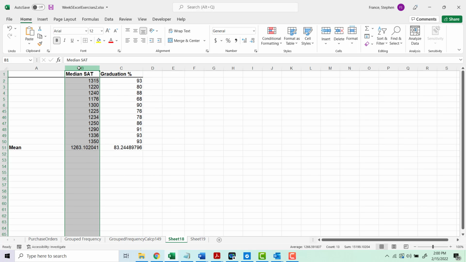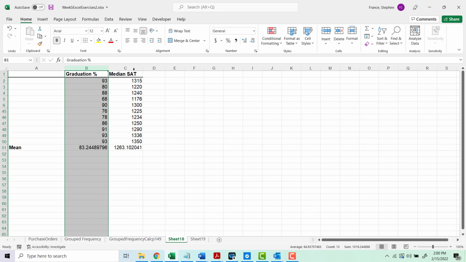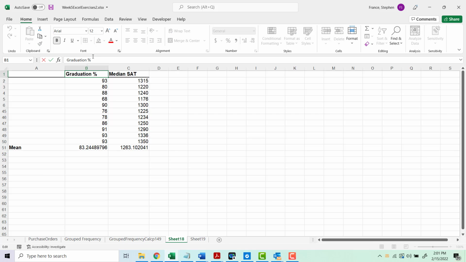Now, actually, the book has graduation as X and SAT as Y. So to be consistent with the book, I'm just going to swap these around. Okay, and actually I will calculate the standard deviation. I think we'll just do it like the book to avoid any confusion.